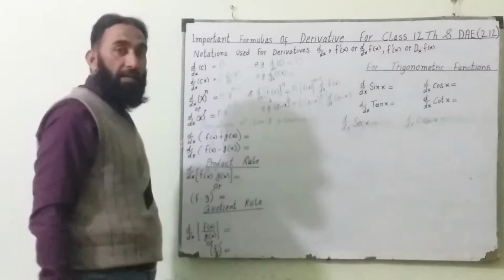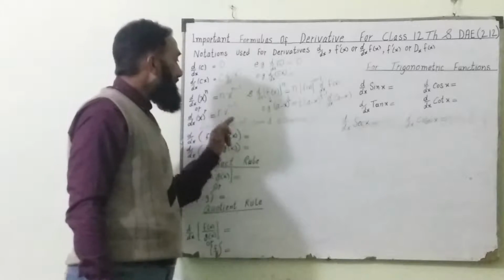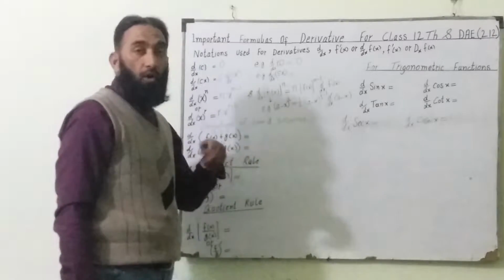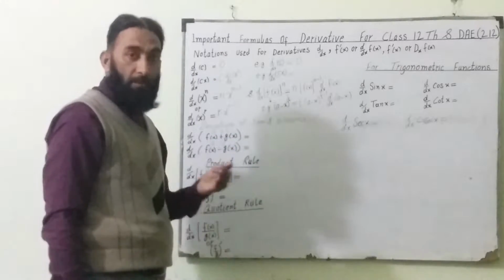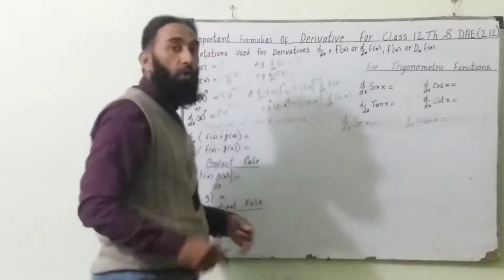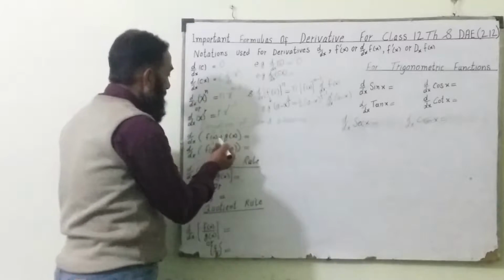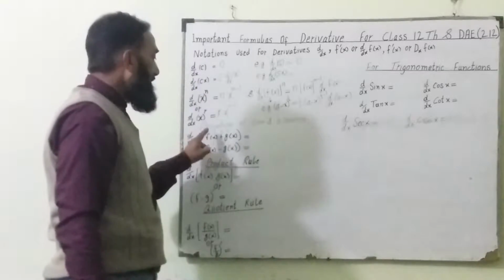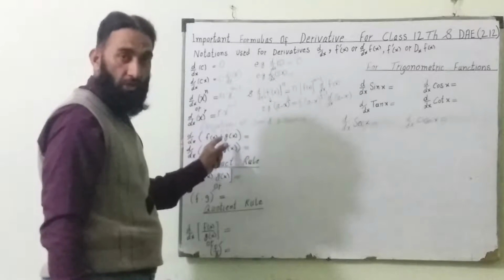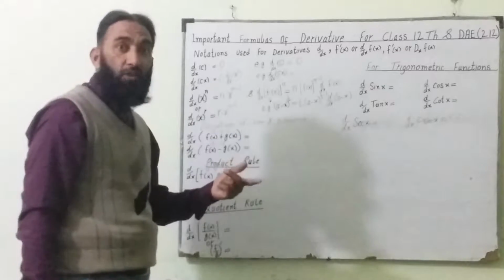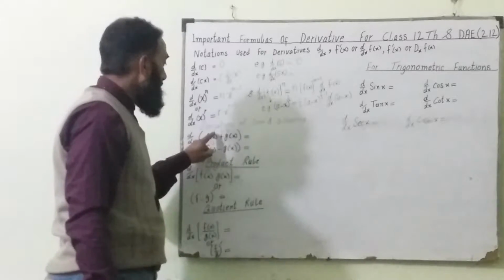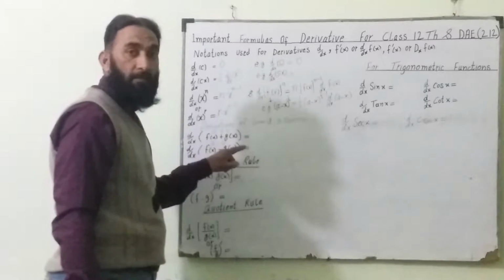Now you can see that I have written derivatives of sum and difference. If our questions are of sum or difference, how can we solve? You can see that I have written d by dx of f of x plus g of x, or generally we can understand this as u plus v.